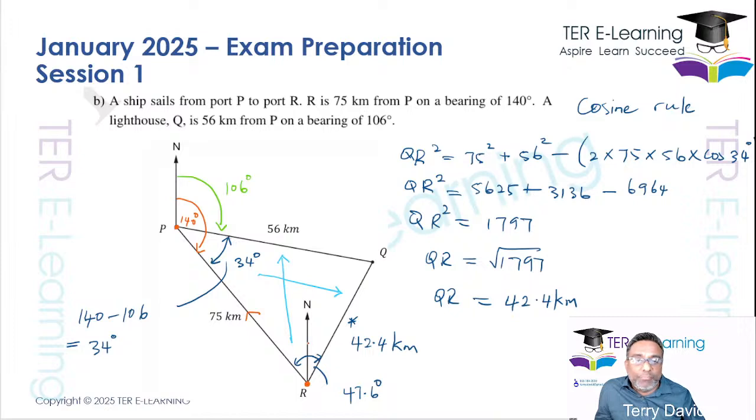If you want the bearing of P from R, you want to get this angle here. That's the bearing that we want to work out. What is the bearing of P from R? Anybody know how you're working that out?